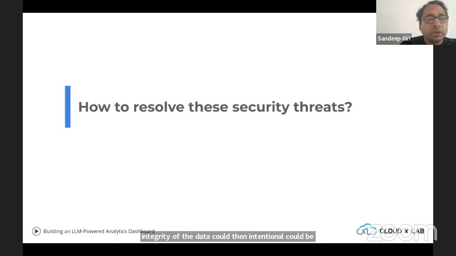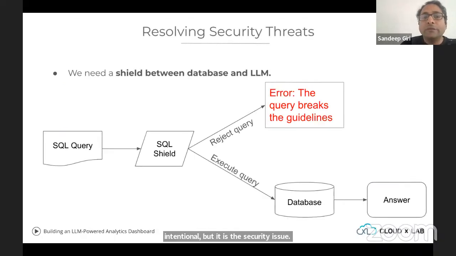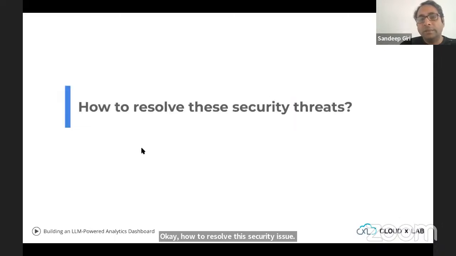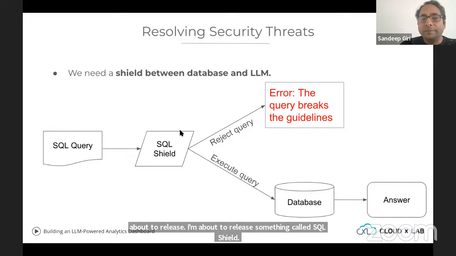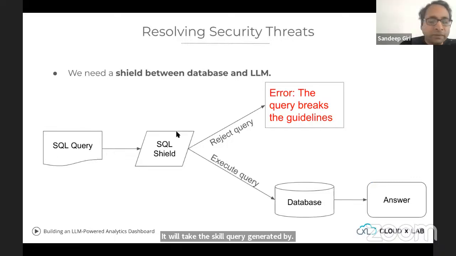Okay, how do we resolve this security issue? I'm about to release something called SQL Shield. It will take the SQL query generated by the LLM and change this SQL query to shield the data as per the rules.